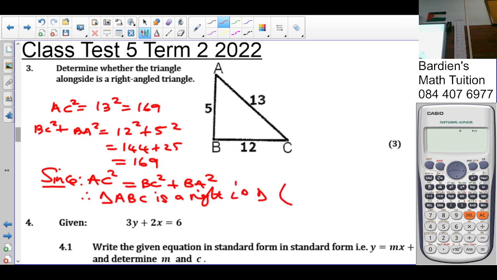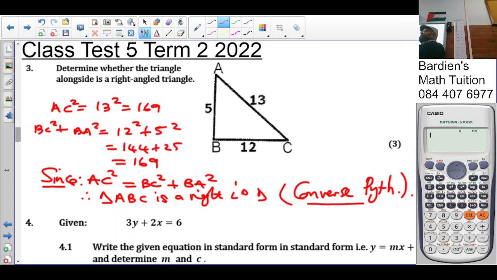Because of the theorem of Pythagoras. But we're working it in reverse. So we call this converse of Pythagoras. Okay, this is the one mark that I expected you to lose, because we never spoke about this yet. And whoever came up with some calculation and the idea here, I gave you the mark.